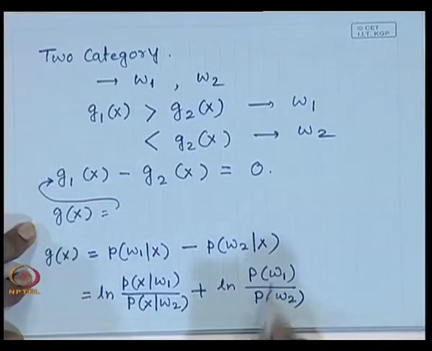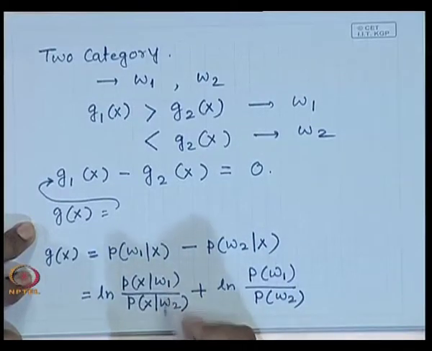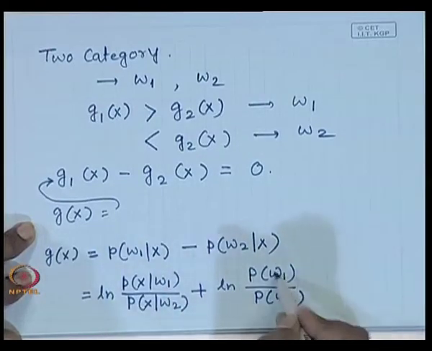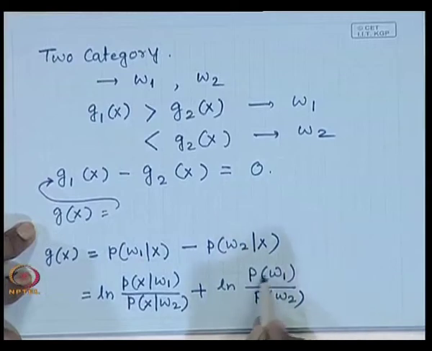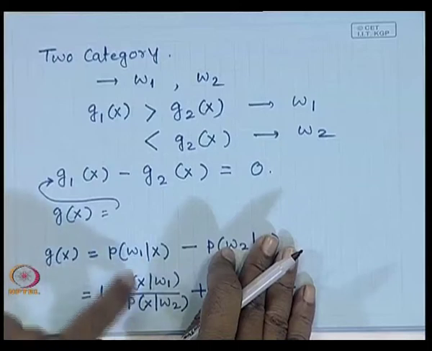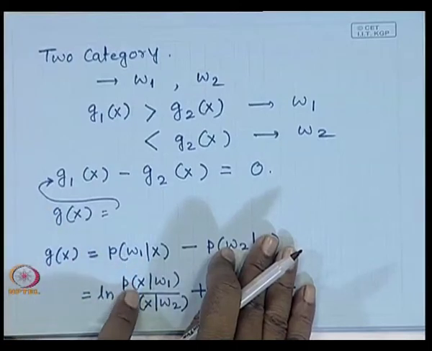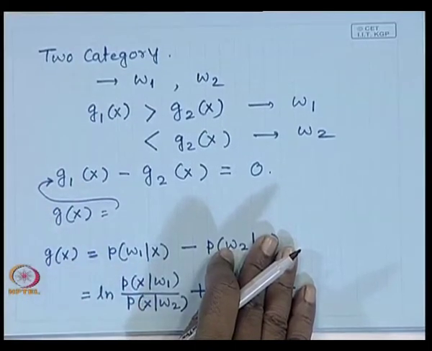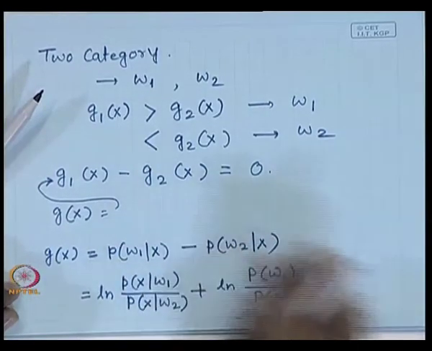So, here I have a priori probabilities as well as class conditional probabilities. When the a priori probabilities are the same, this second term becomes equal to 0, so the decision is based only on the class conditional probabilities. Okay. So, I will stop here today. We will continue with this discussion in the next class. Thank you.